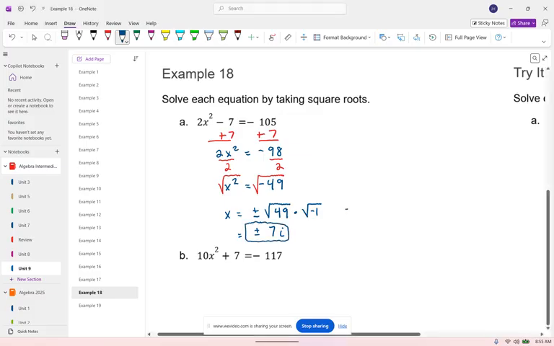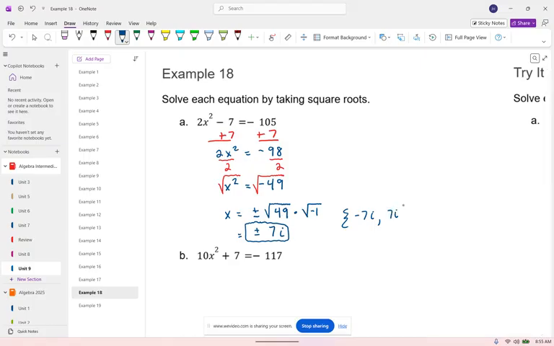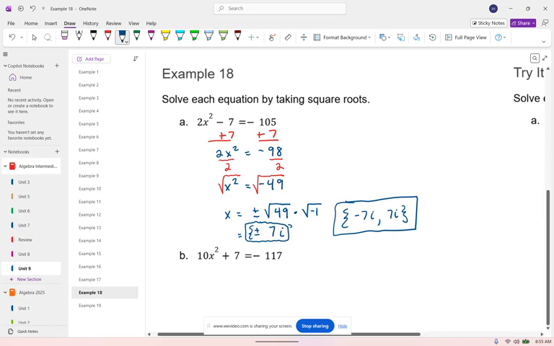So that's going to be it. We can have our solution set as that, or we can put in the positive or negative 7i.